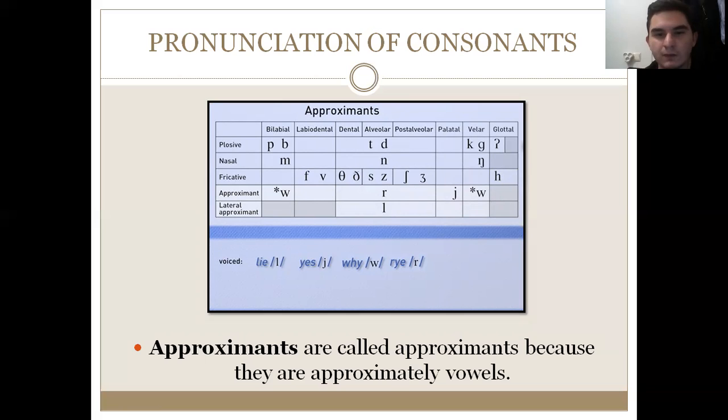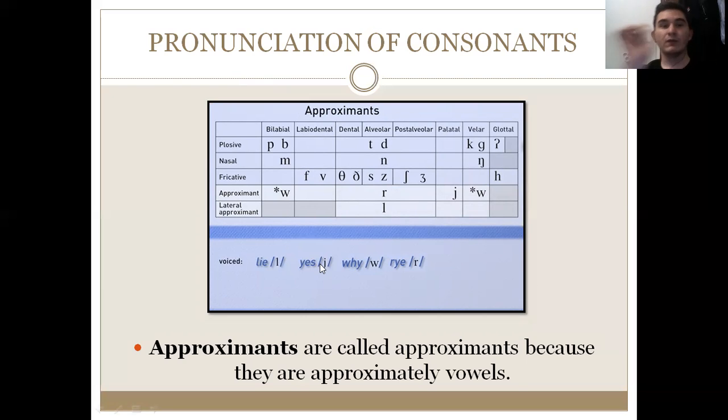For example, the y. When you say the e vowel, while you are saying e, when you open your mouth, it transforms into the y sound, as in yes, as you can see from the example here.